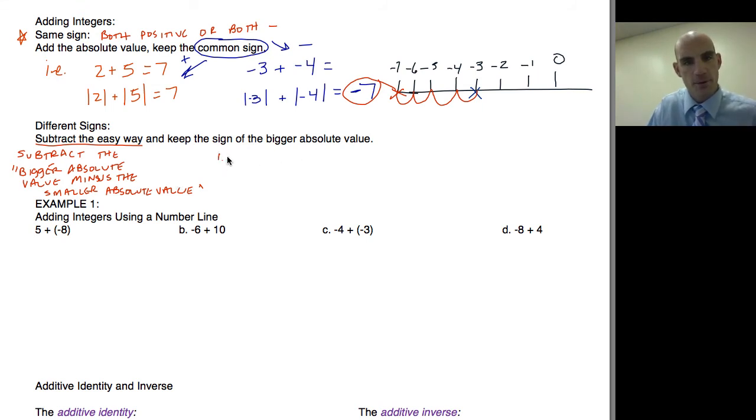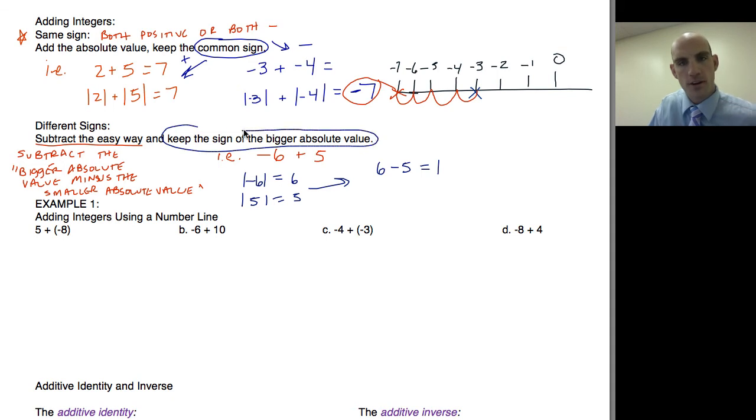If we look at an example, if I have -6 plus 5, watch how this works. I know that if I look at the absolute values, the absolute value of -6 is 6, and the absolute value of 5 is 5. So essentially that's going to leave me to say 6 minus 5 equals 1. And then I'm going to keep the sign of the bigger absolute value.